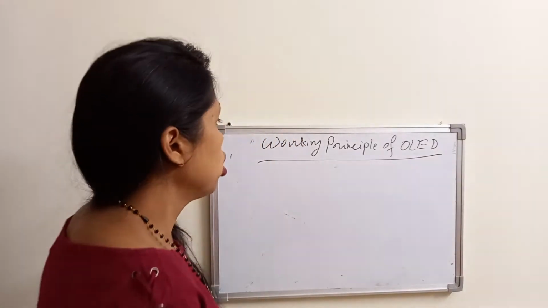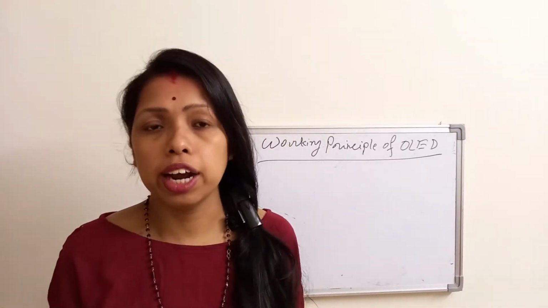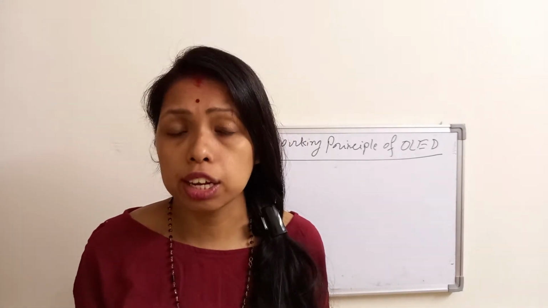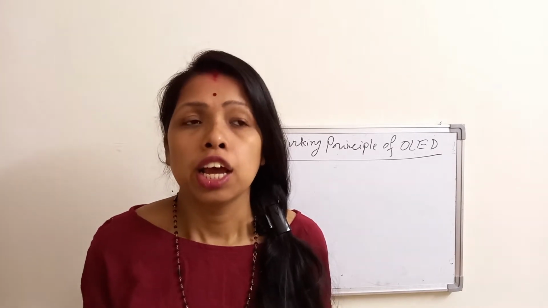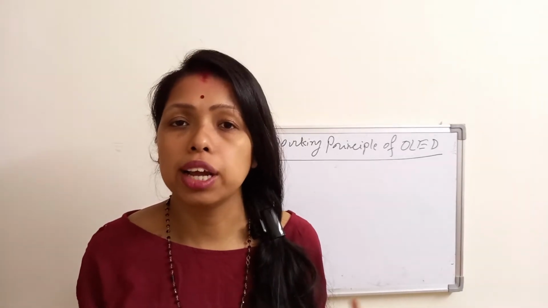For the organic light emitting diode, first, 2-3 materials or layers are required, right? One is the anode material, one is the cathode material, and in between anode and cathode you can insert multiple organic semiconductor layers. Depending on the application and the performance, we can add different multiple layers.